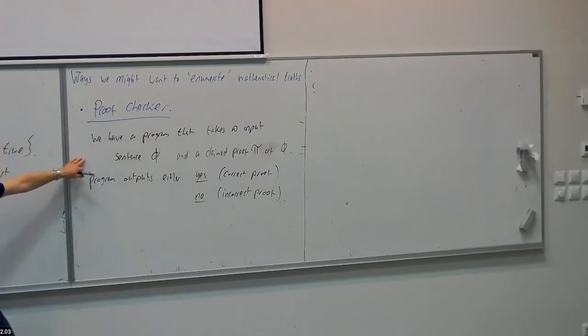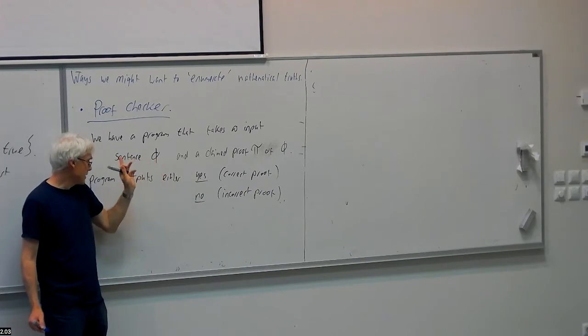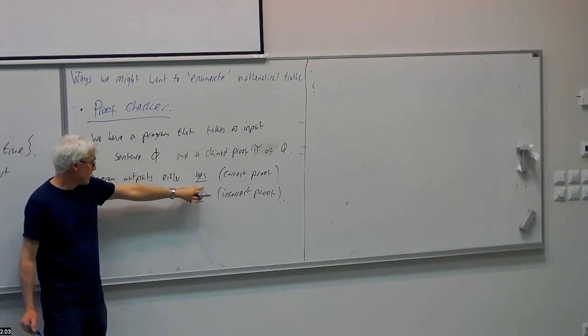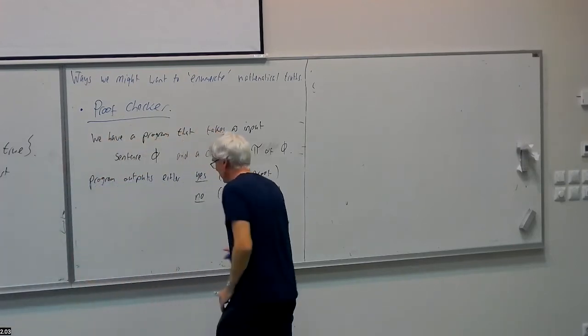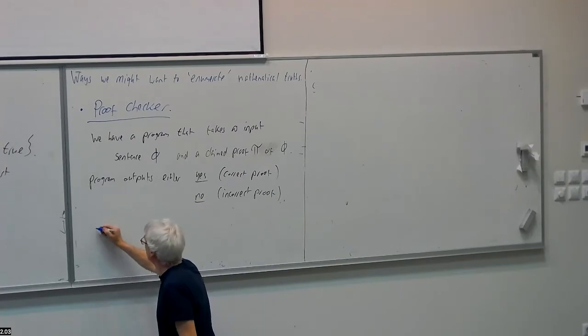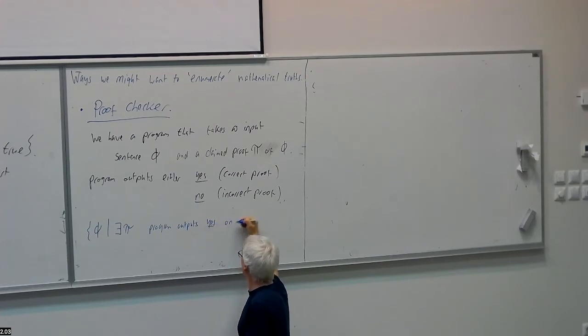And this is essentially giving us that the sentences for which the program is able to output yes are a computably enumerable set. The set of phi such that there exists a pi such that the program outputs yes on inputs phi and pi is computably enumerable.